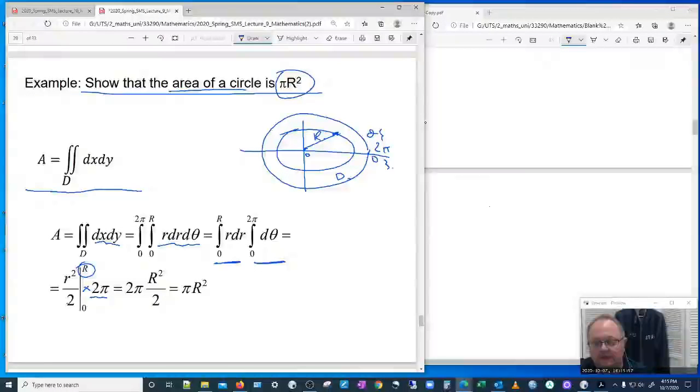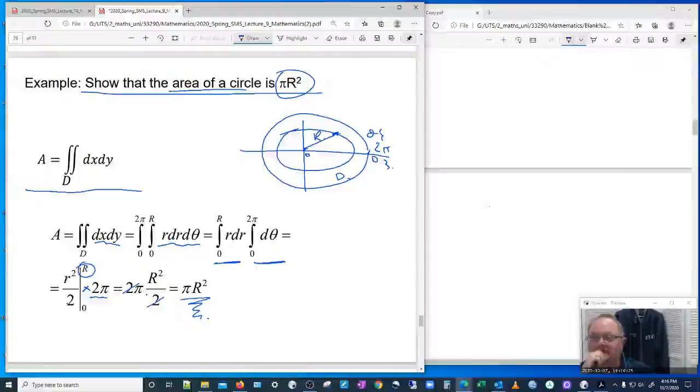So we get the substitution for r, so we get 2 pi over r squared, the 2's cancel, and you're left with the area of a circle is pi r squared. So now you know how to do the integrations and the transformation. It's a very straightforward integration, no big deal there, but a very interesting idea.